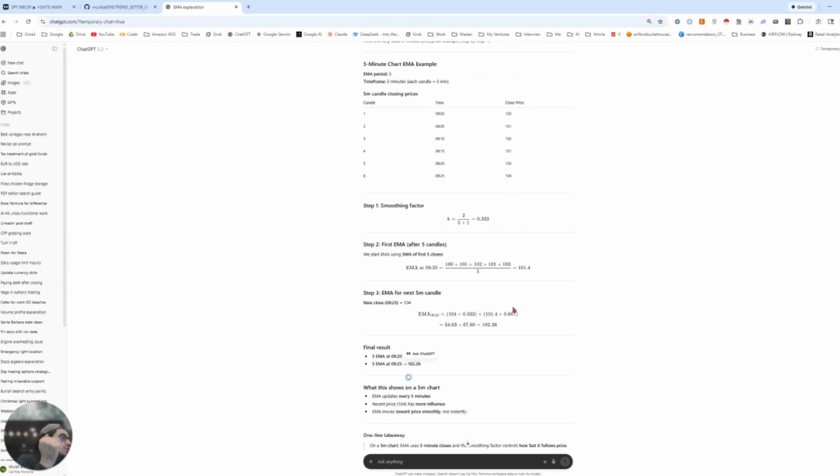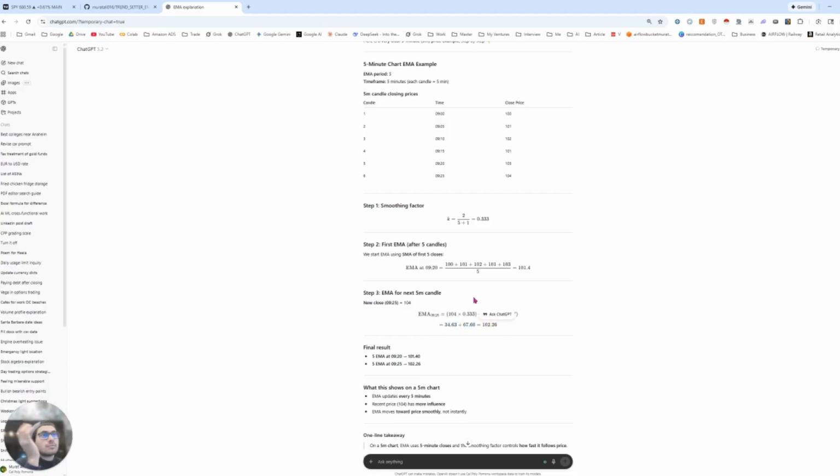So what you're going to do is 1 minus 0.333, the smoothing factor for 5 minute time periods. Then you multiply the result with the SMA, the simple moving average, and we have our exponential moving average here, and done. This is our exponential moving average.